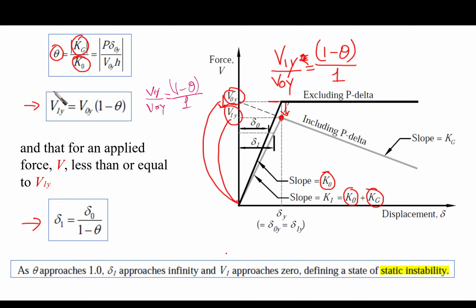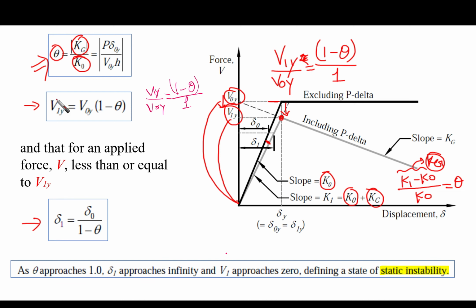What is the ratio of this difference, Kg? It is K1 minus K node over K node, which equals theta, as we have explained here. This K1 minus K node gives us Kg. So that's the point here.